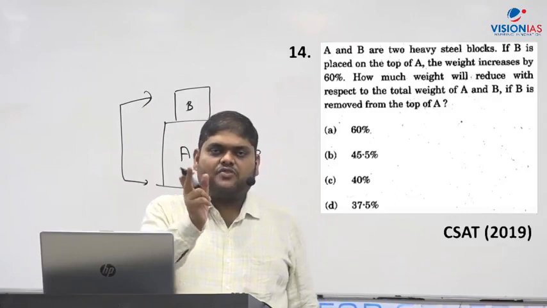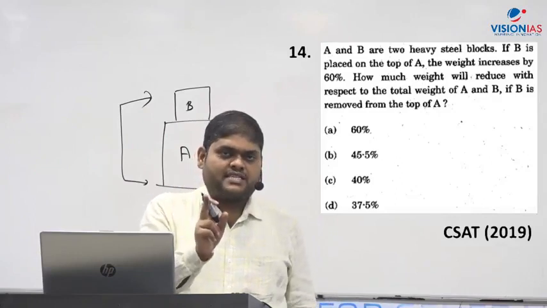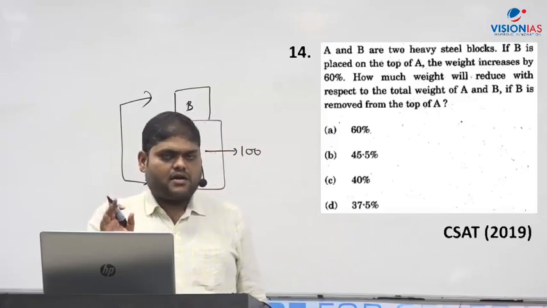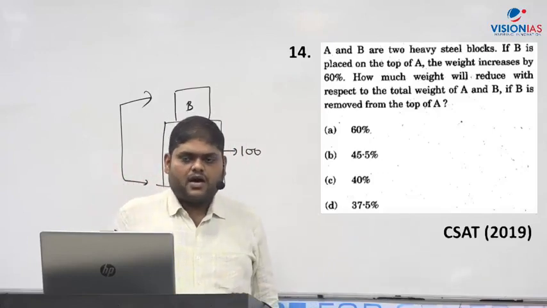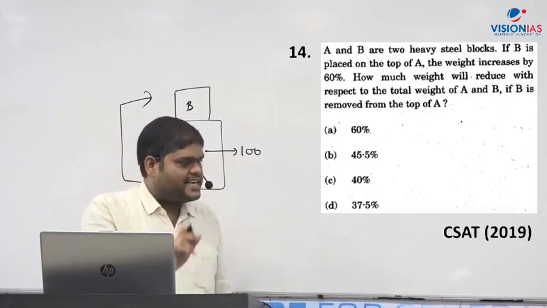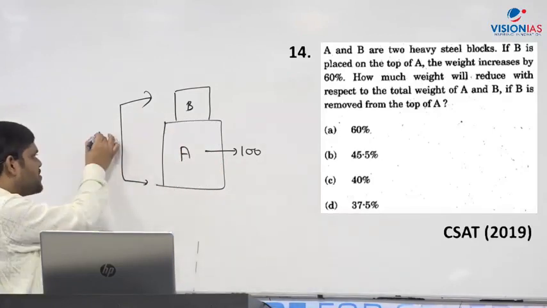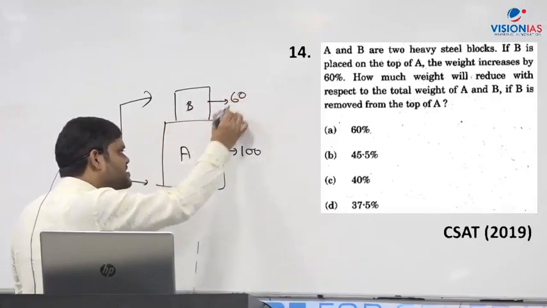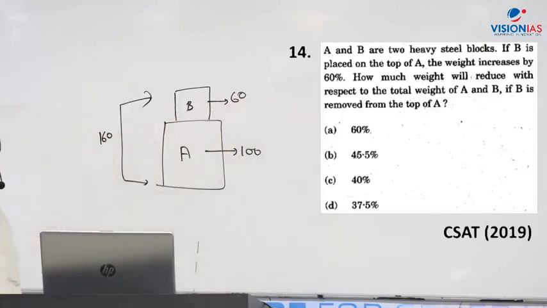It means addition of 60%. If you remember this, you can solve any problem. So now the weight becomes 160, which means the weight of B is 60. I think nobody has a doubt here.